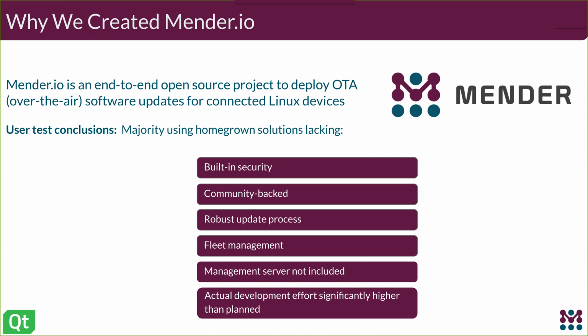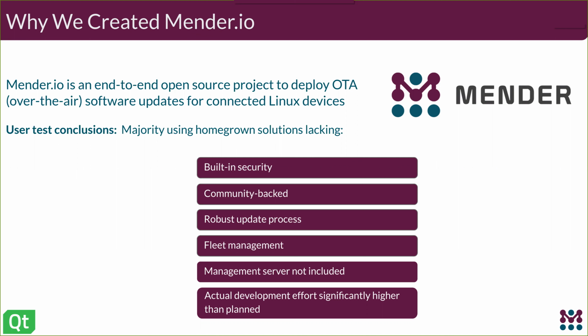What we saw in these homegrown solutions was that they were lacking best practices on built-in security in regards to doing over-the-air software updates. They were typically developed in-house, so you have this tribal knowledge within the company, maybe developed by a single person.